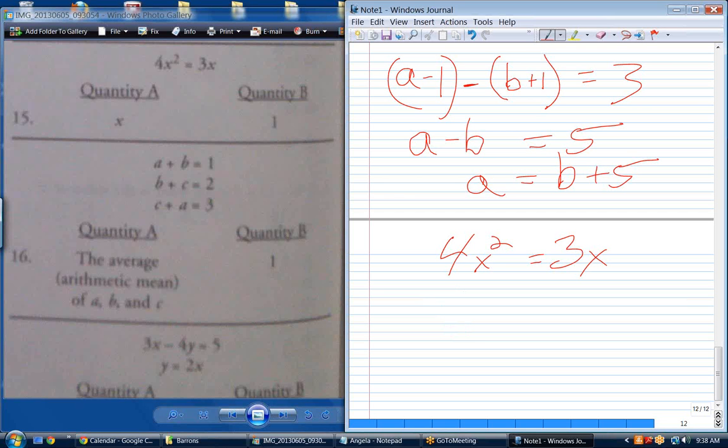So this would have been a much better problem if quantity b would have been 1/2. You see why? Yes, because of the two answers. If you would have only come up with the one answer, you would have said that quantity A was larger when in fact it wasn't. In other words, if I did this the improper way, by dividing both sides by x, I would have come up with x equals 3/4, and I would have lost the solution of x equals 0.